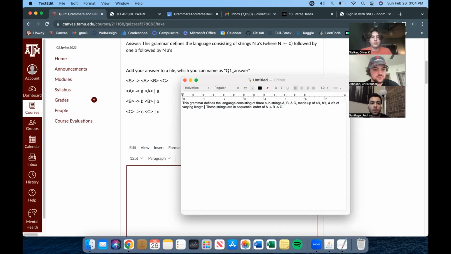Length greater. Looks good. Yeah, it looks good.